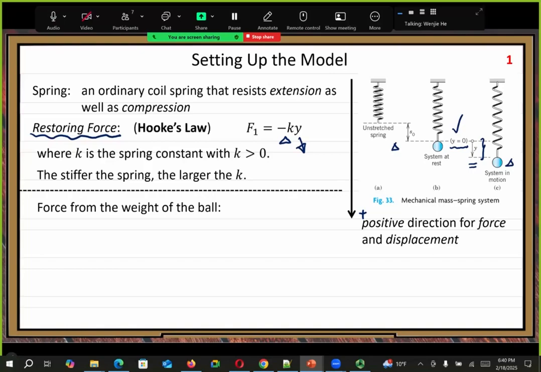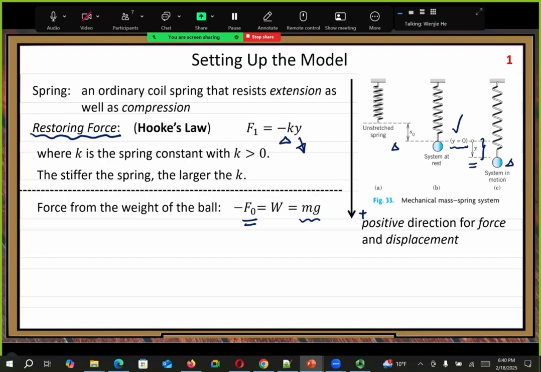We have a formula for that force, F0, which by Newton's law equals the mass m times g, the gravity constant.